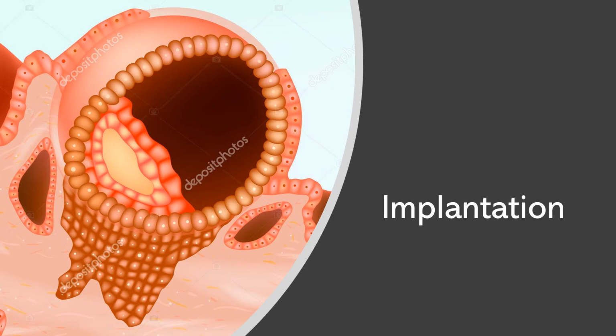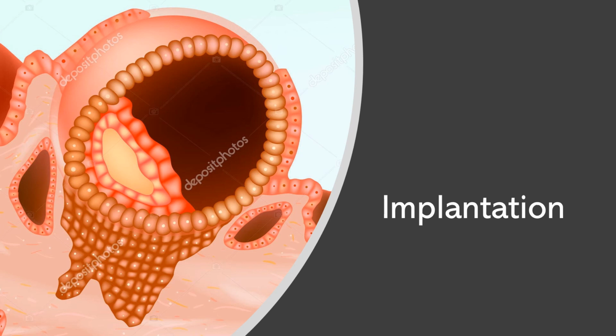Until now, the blastocyst is located in the uterine cavity. Meanwhile, changes occur in the endometrium of the uterus, which shows three layers: stratum compactum, stratum spongiosum, and stratum basale. These layers can be pierced by the trophoblast cells by producing a proteolytic enzyme.